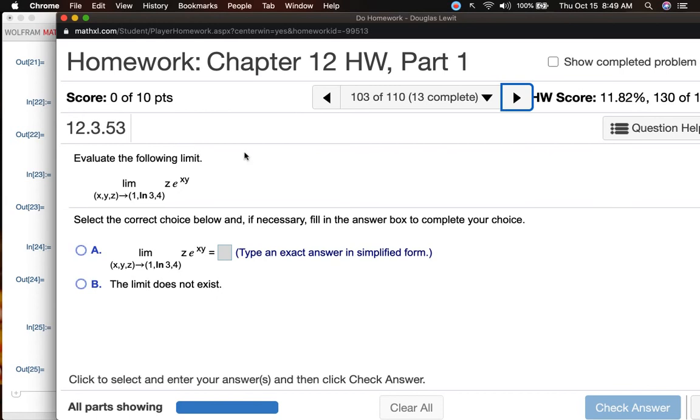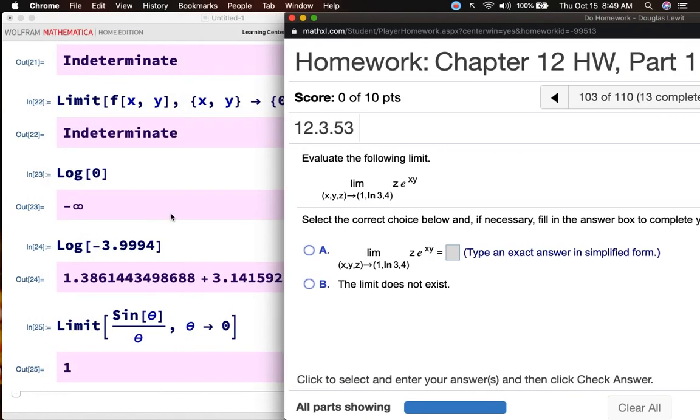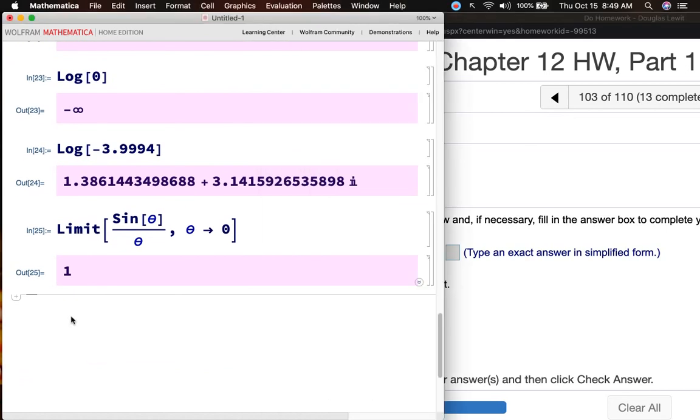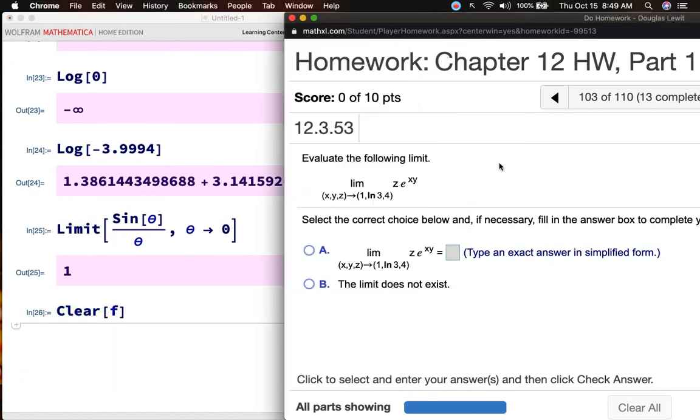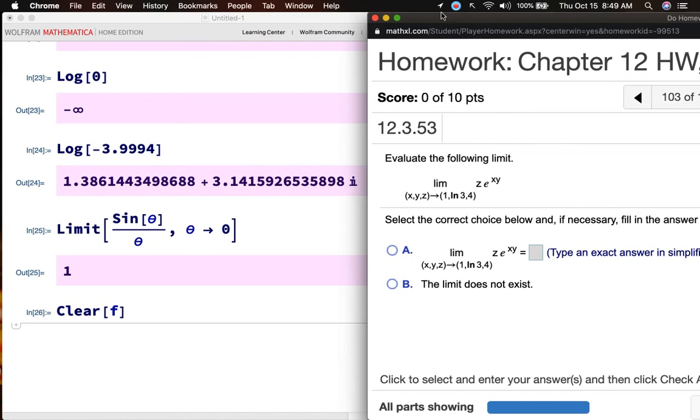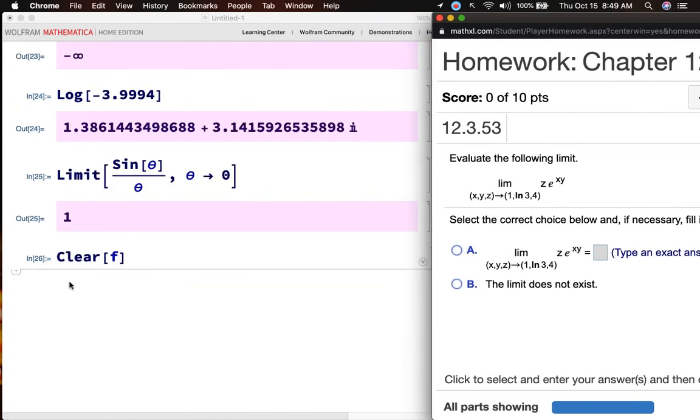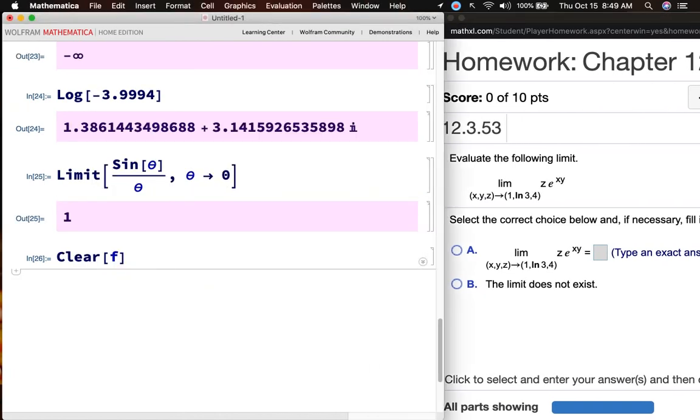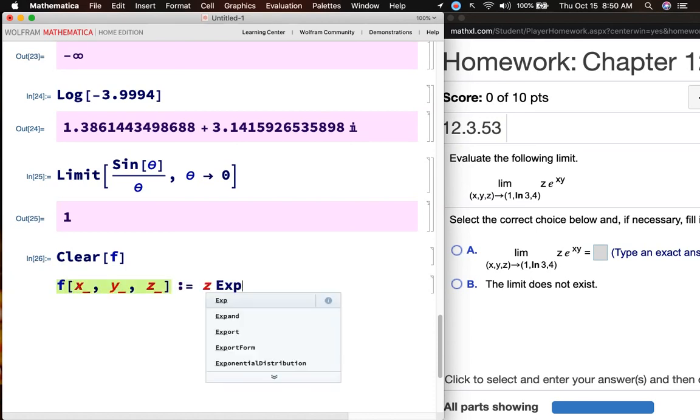So here we have to evaluate the following limits, and that should be pretty easy to do. Clear f. And f of x, y, z is equal to z times e to the power x and y.